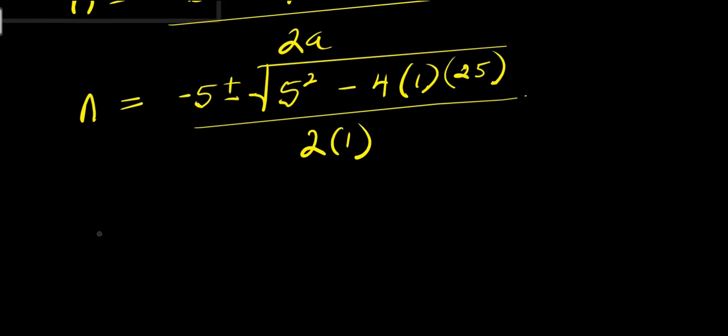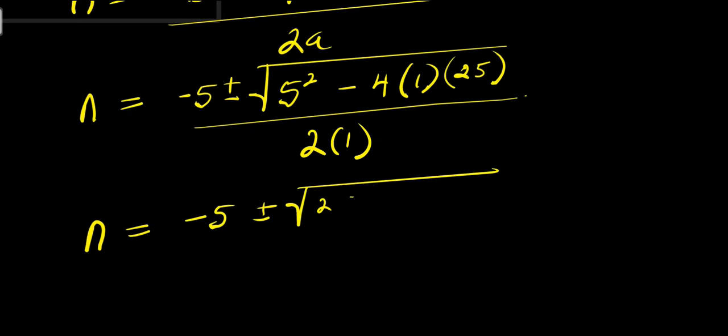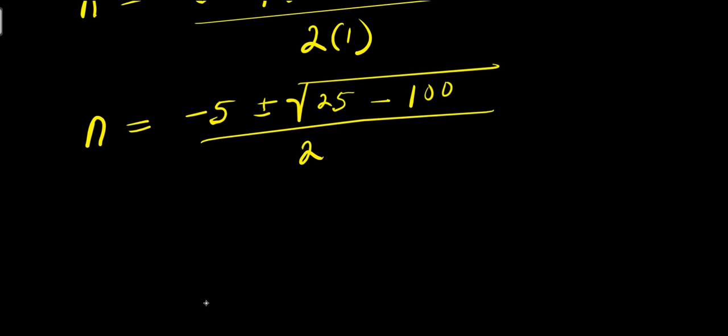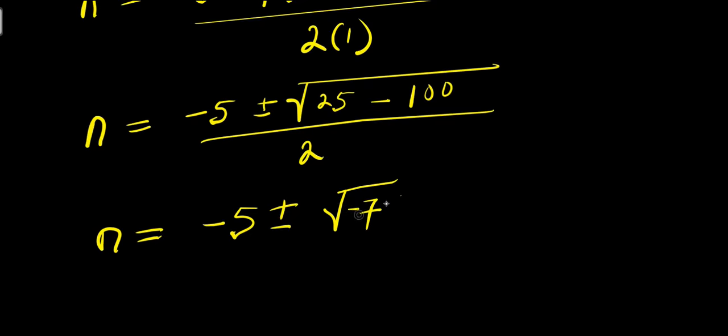So from here, I have n equals negative 5 plus or minus square root of this is 25 minus this is 100, divided by 2. So from here we have n equals negative 5 plus or minus square root of this negative 75, divided by 2.